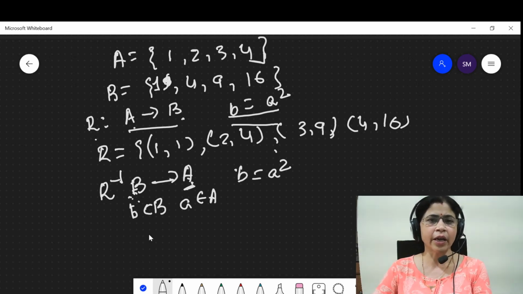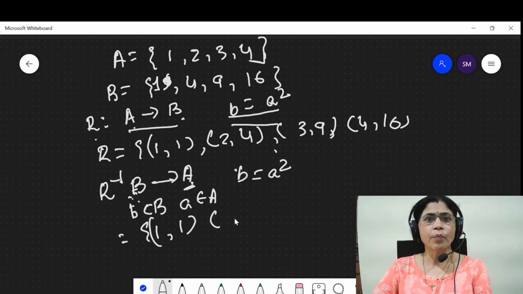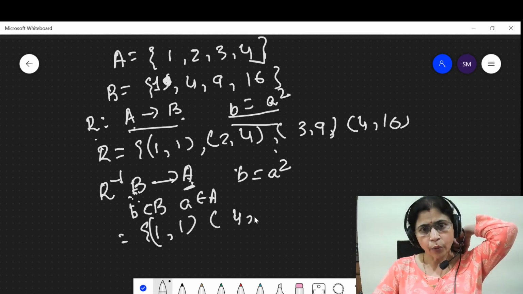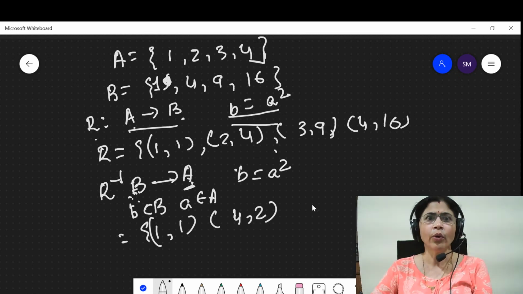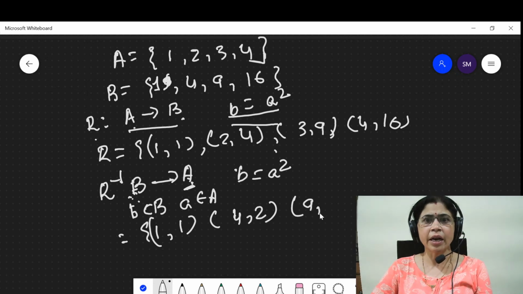If I say, then this is equal to 1 related to 1, and here 4 related to 2, 9 related to 3, and 16 related to 4.